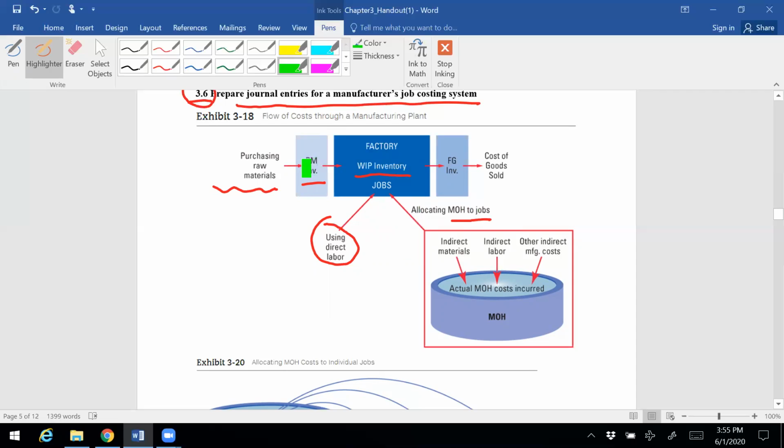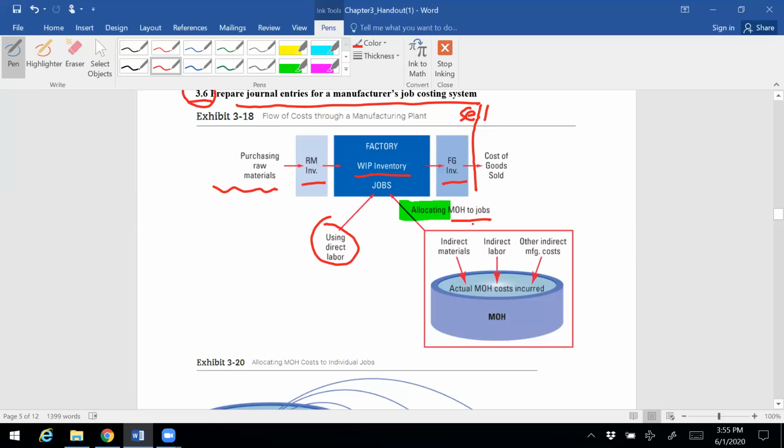We can trace direct material and direct labor, but we cannot trace manufacturing overhead. So we have to allocate our manufacturing overhead to the job. And once you have the direct labor and allocated manufacturing overhead, you get your finished inventory. And after you sell it, you get your cost of goods sold.